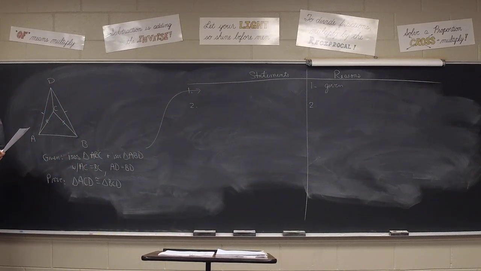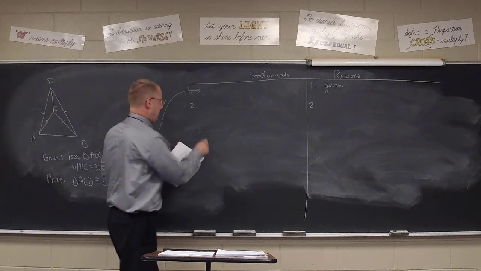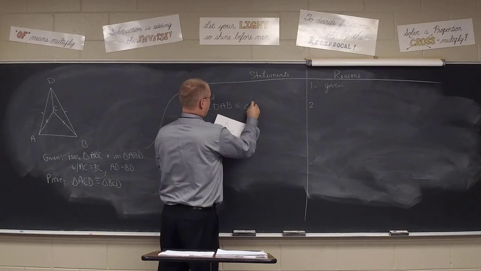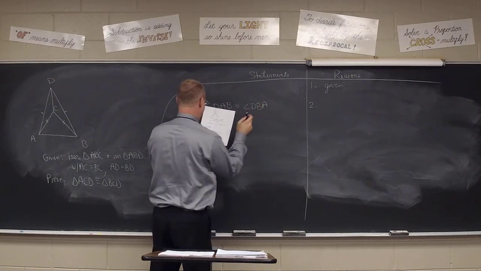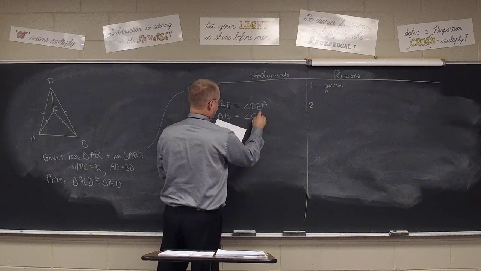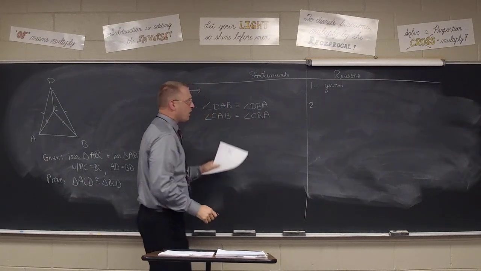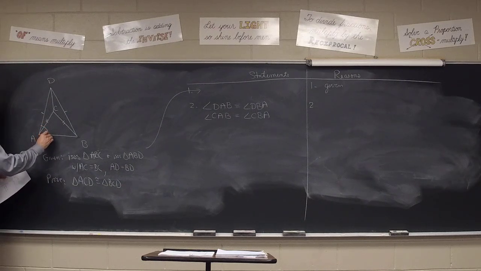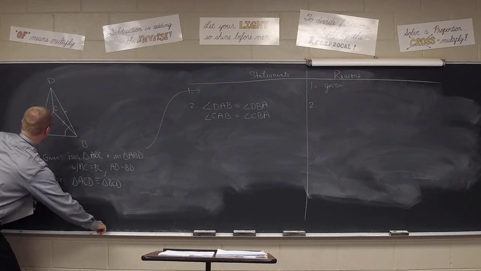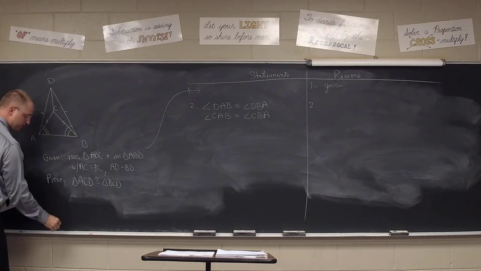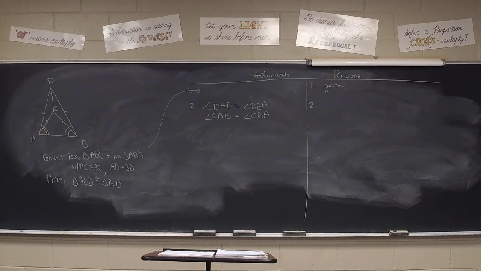All right, number 2, I said angle DAB is equal to angle DBA, and angle CAB is equal to angle CBA. What would be our reason that DAB and DBA are equal, and that CAB and CBA are equal? What was our reason there for number 2?